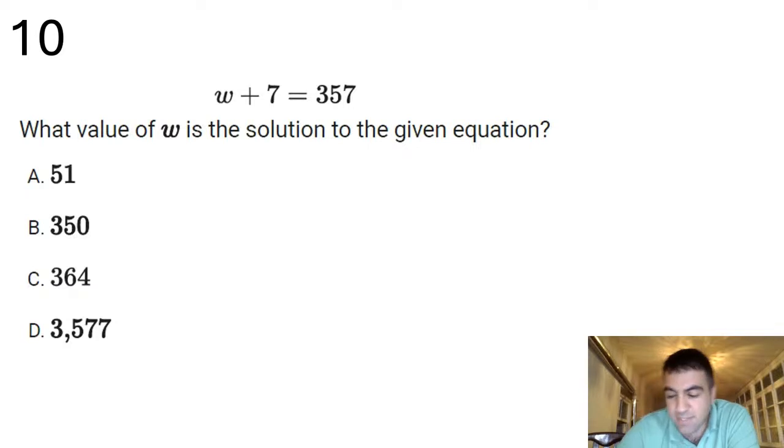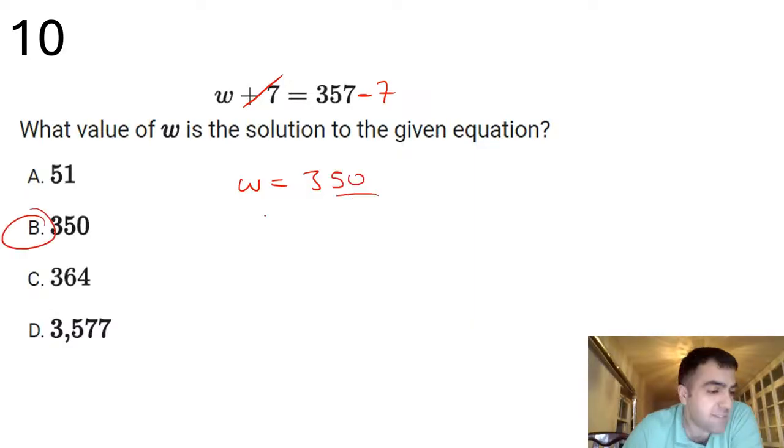It is a pretty simple question and nobody answered. Let me solve. If it is plus on the left side, it should be minus on the right side. W is equal to 350. The correct answer was B.